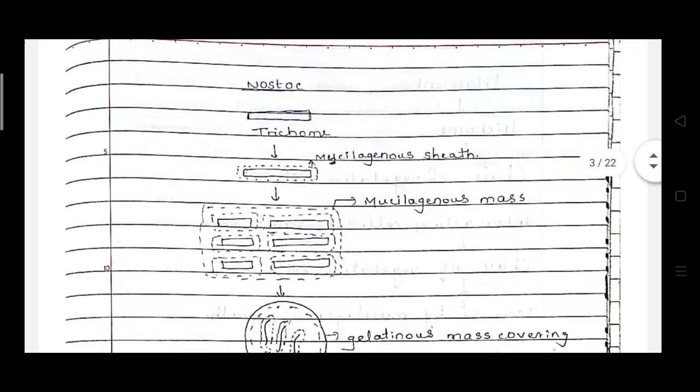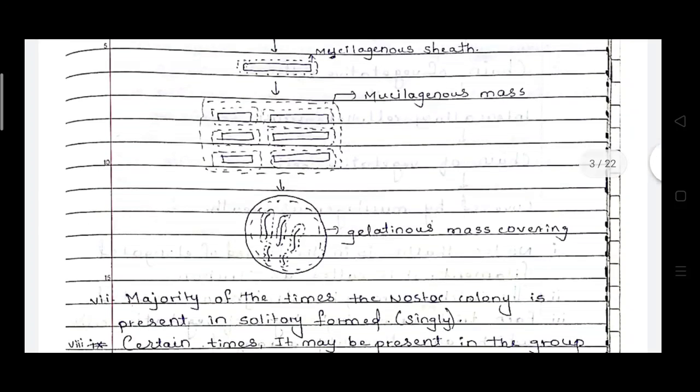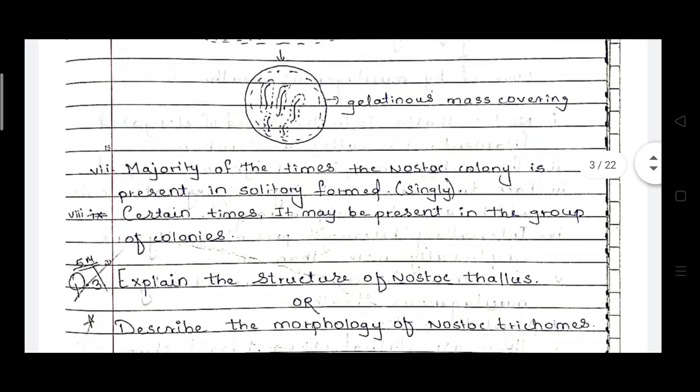You have to see the picture. First there is this Nostoc trichome, and surrounding it a mucilaginous sheath is present. Then many trichomes are combined and they form the mucilaginous mass surrounding the colonies, and then this whole gelatinous mass covers the trichomes of the Nostocs.